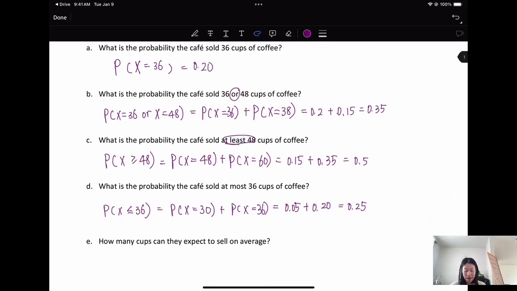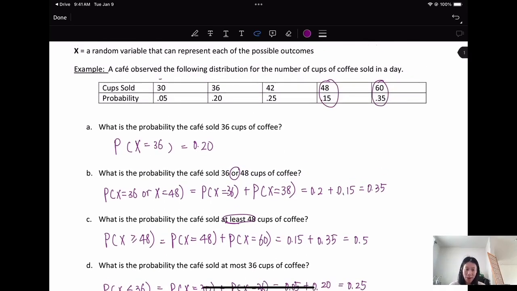Now, next one is how many cups can they expect to sell on average? In other words, this is asking for the expected value. You can think of this as the rating, the discrete mathematics. Here, you have a 5% chance of selling 13 cups, a 20% chance of selling 36 cups, and a 25% chance of selling 42 cups.